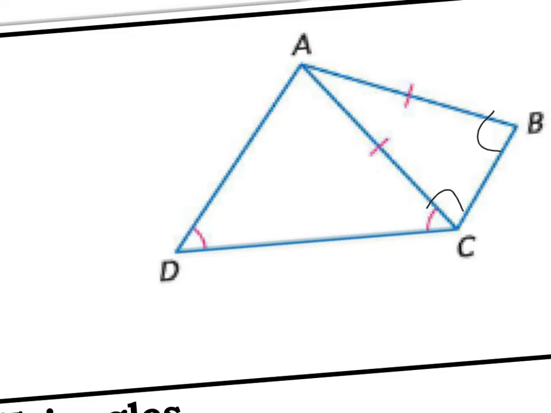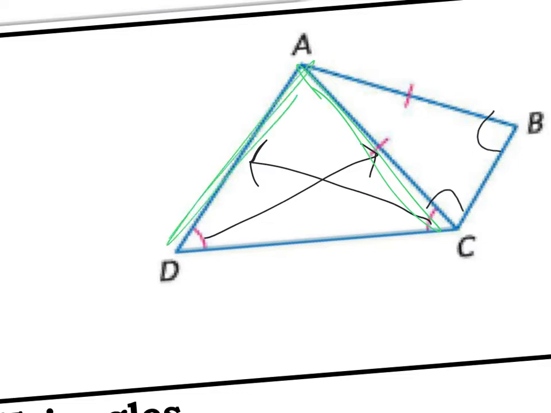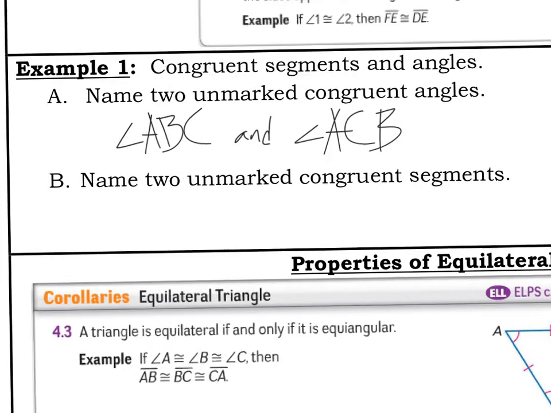So angles D and C are marked as congruent, right? That means the sides opposite of them will be congruent. So side AC is opposite of angle D, and side AD is opposite of angle C. So yeah, that's what I'll say for this answer.